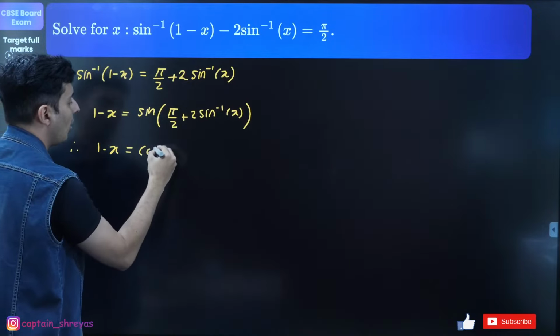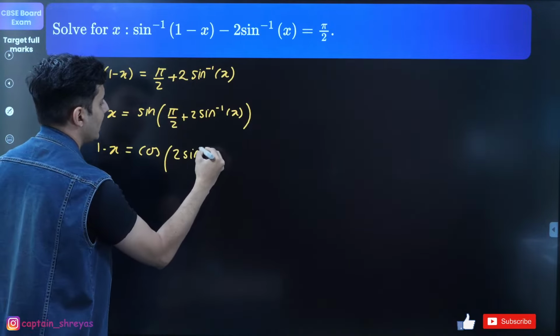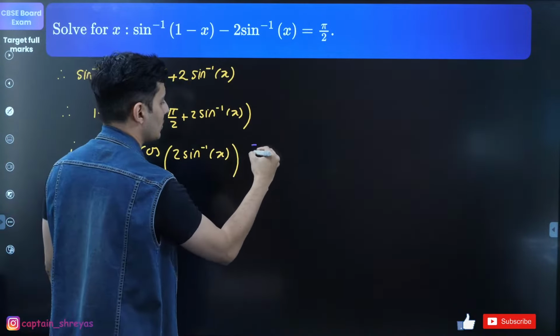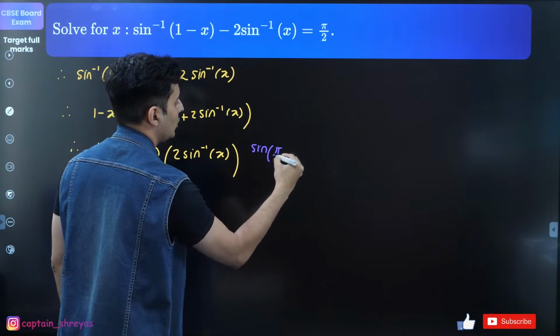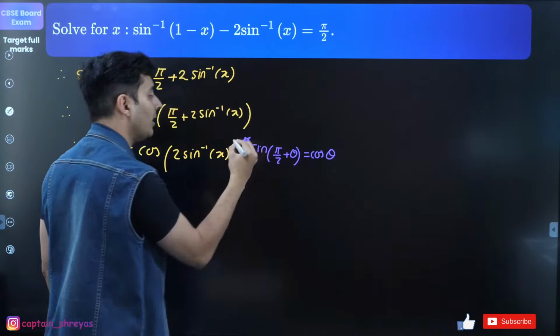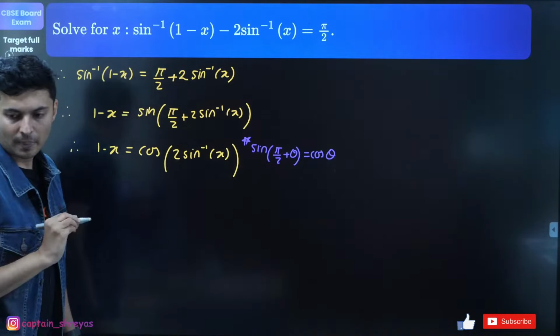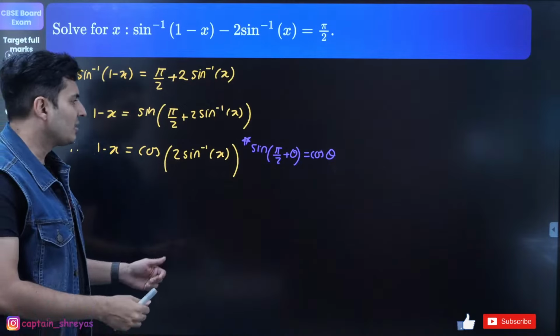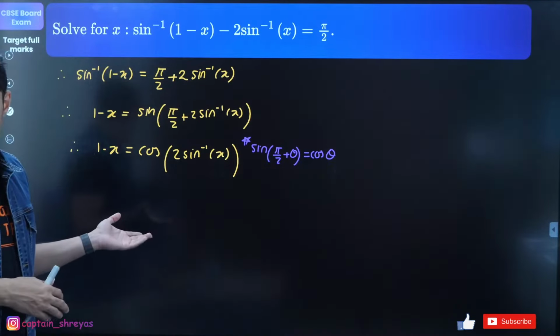So it will become cos of 2 times sine inverse of x. Which formula did I use, guys? I just used sine of pi by 2 plus theta is equal to cos theta. Mention this formula on the side.